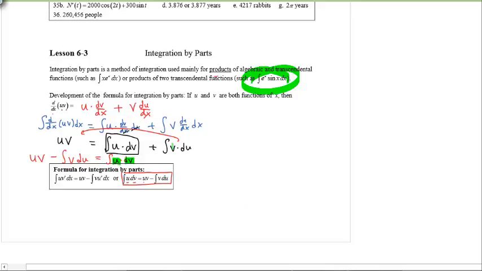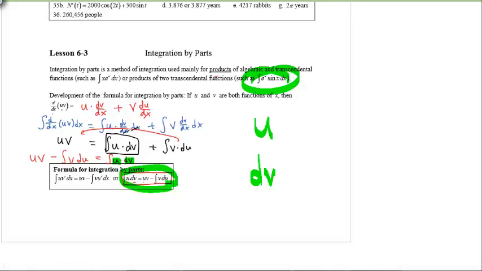Then as we separate this into parts, we apply the formula to help us find the integral. The hardest part in this lesson is figuring out which part is which. Which part do you let equal u, and which part do you let equal dv? To help you with that, let's turn the page.